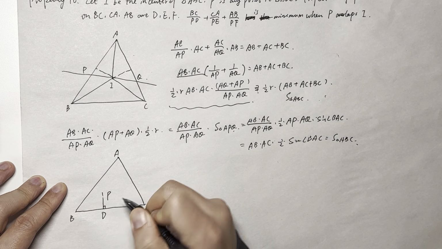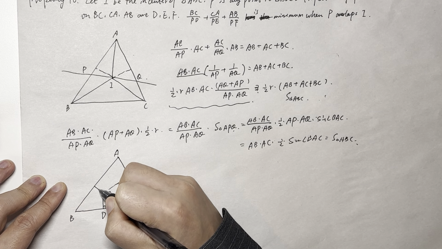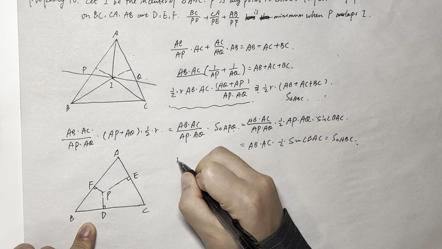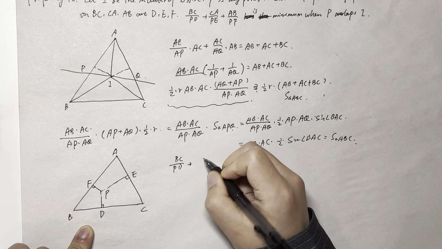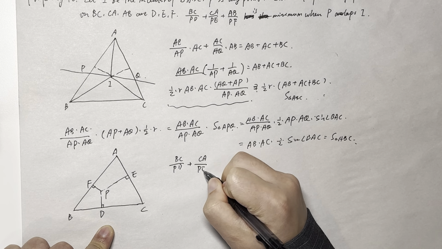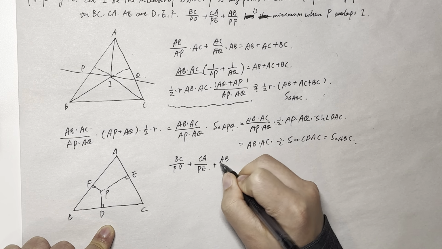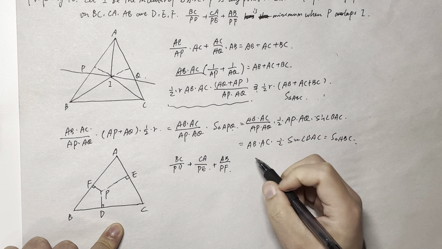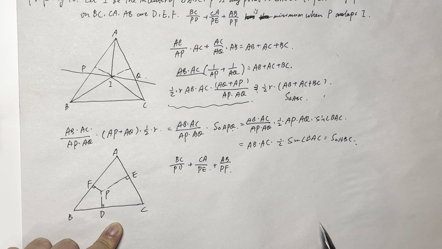We have PD, PE, PF. We want to prove that BC times PD plus CA times PE plus AB times PF is minimum when P overlaps I, right? When P is I, it has a minimum value.